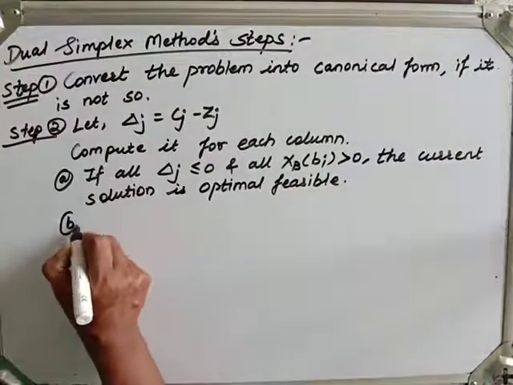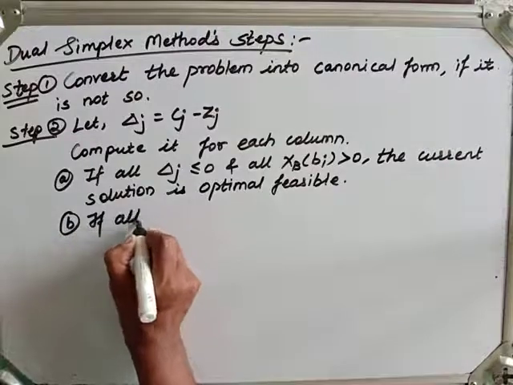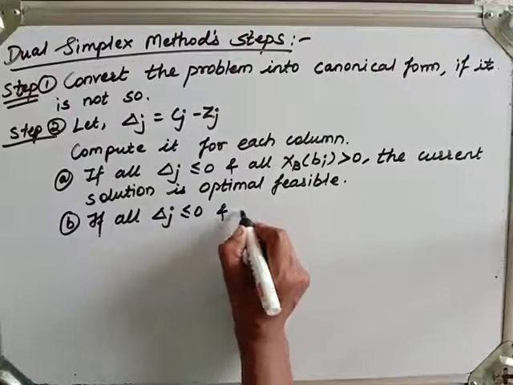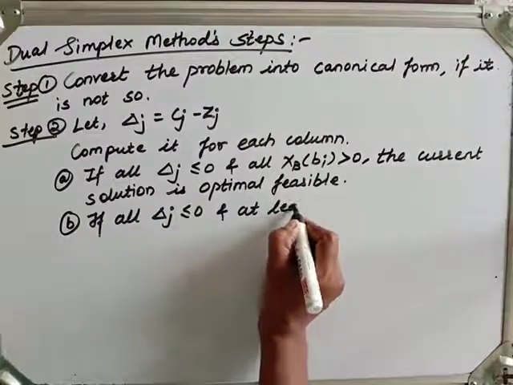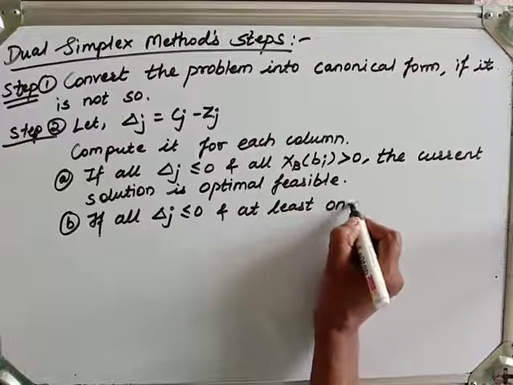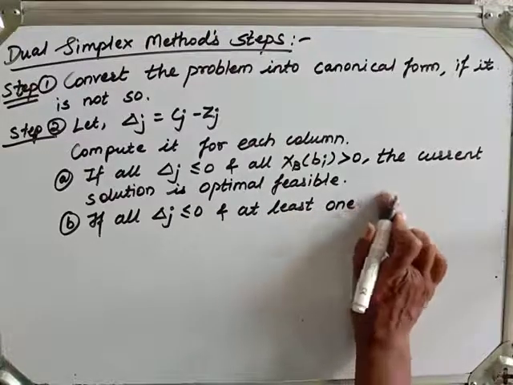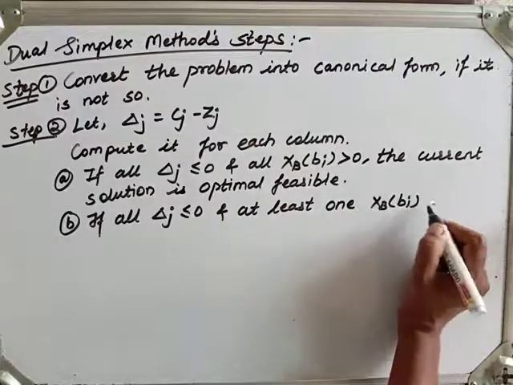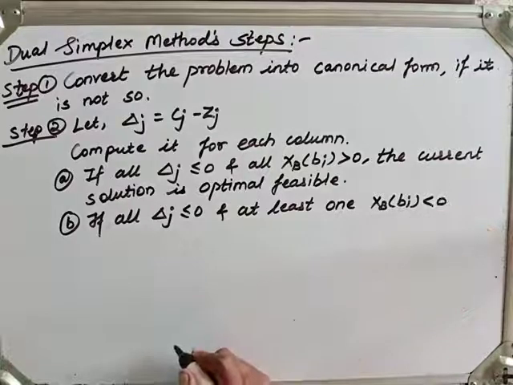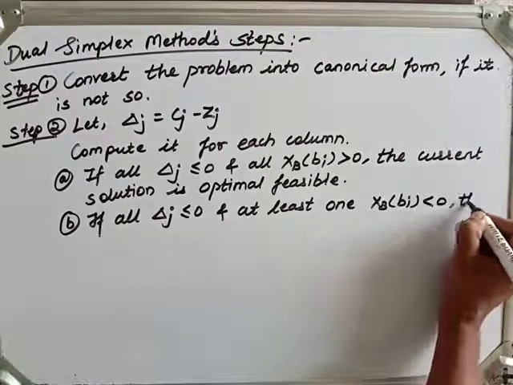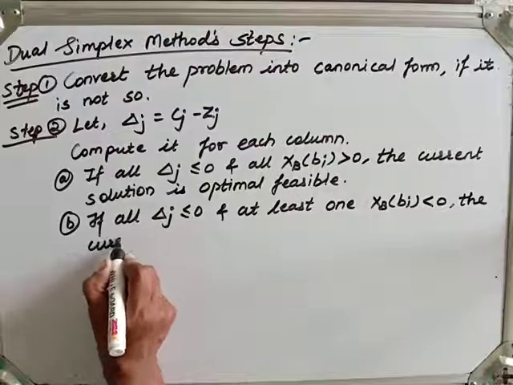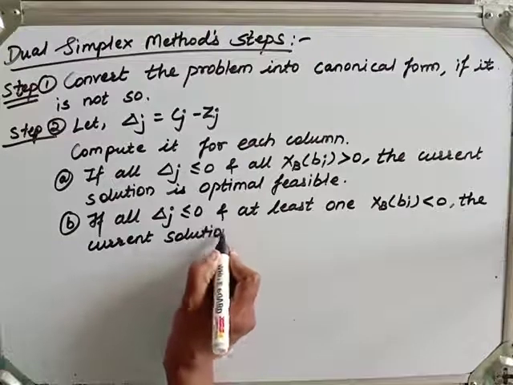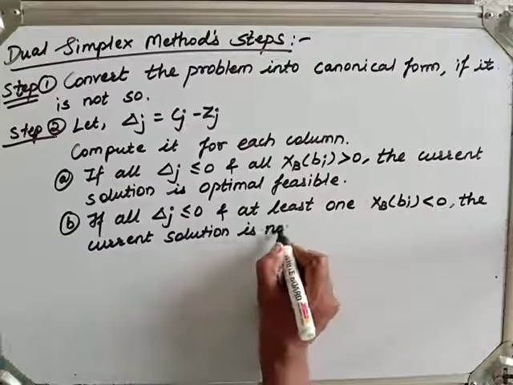The second condition is that if all del j less equal 0 and at least one bi or xb is not greater than 0, meaning less than 0, the current solution is not feasible.